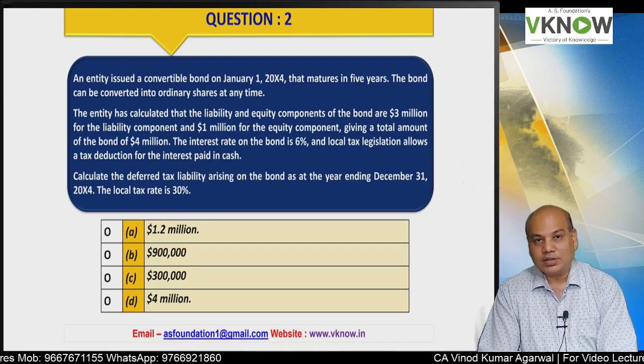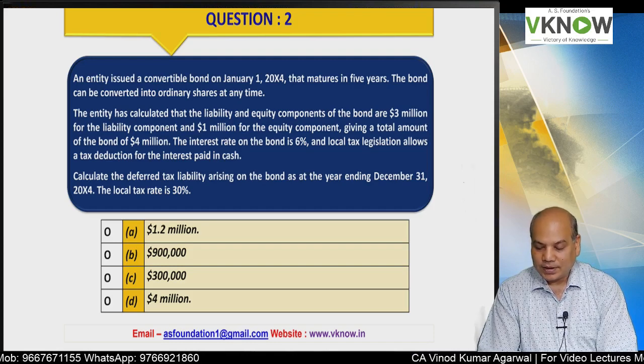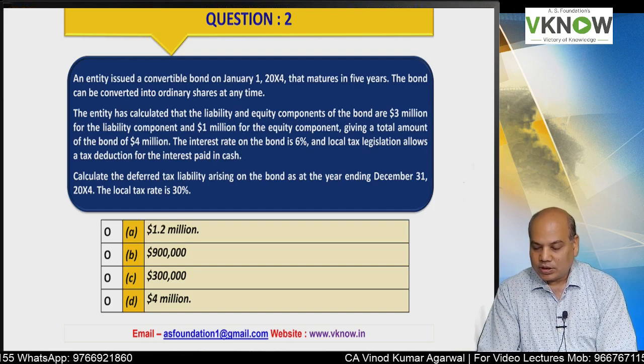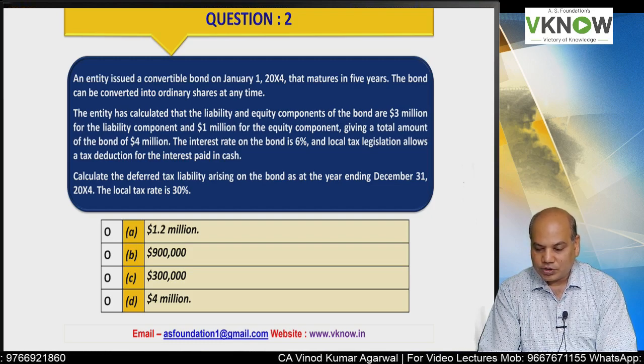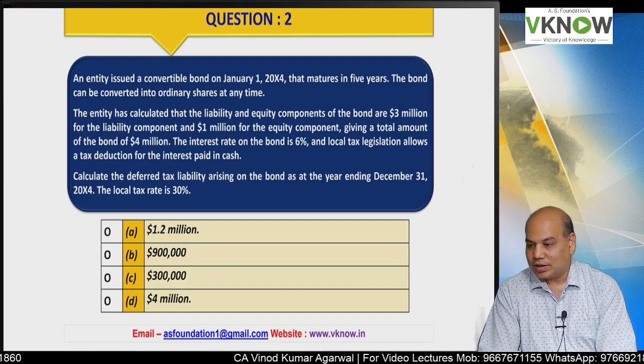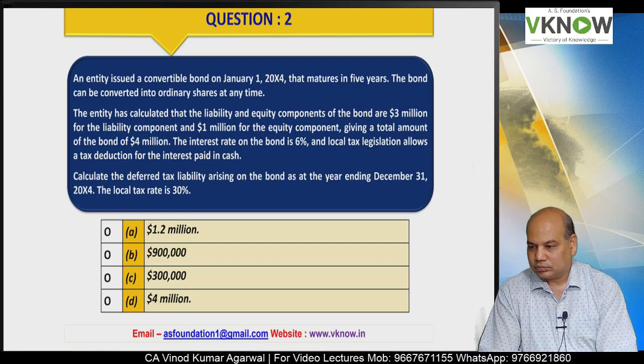Calculate the deferred tax liability arising on the bond as at the year ending 31st December 2004. The local tax rate is 30%.